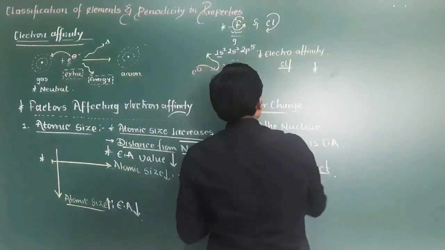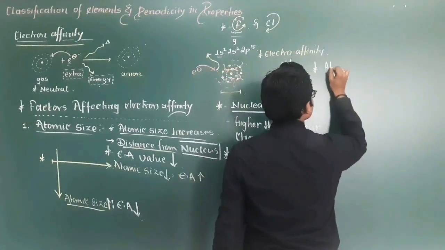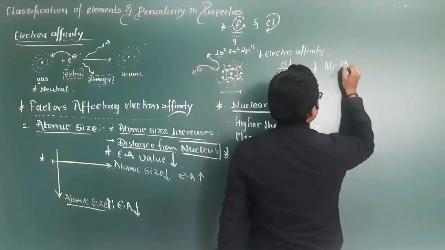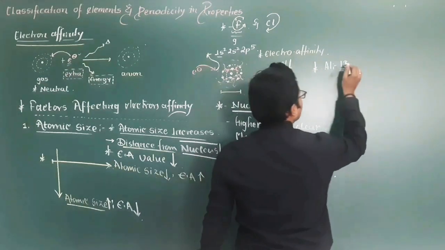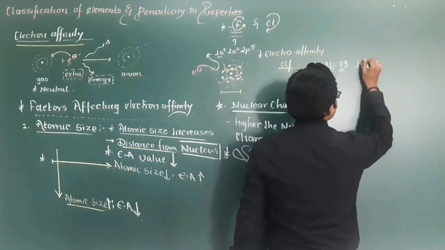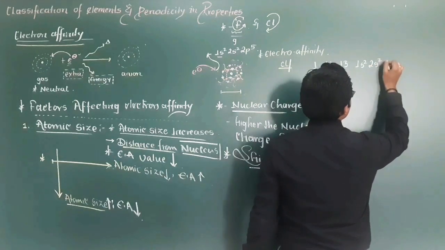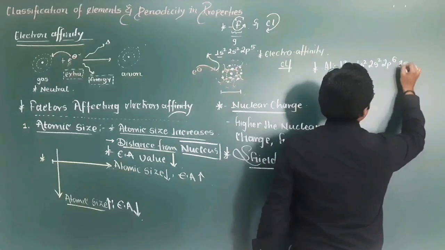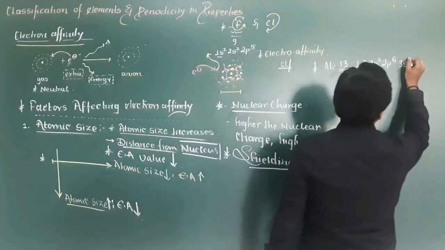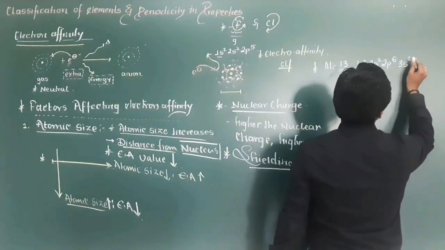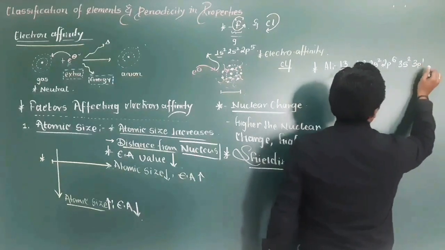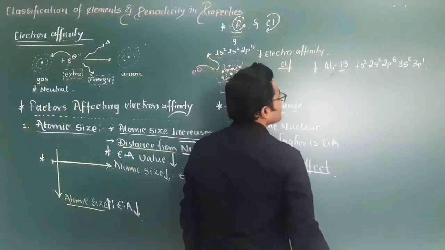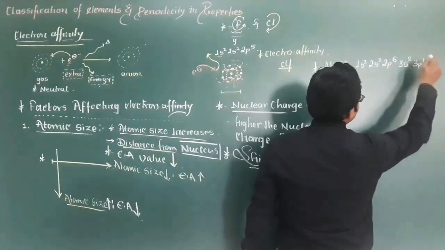Aluminium, Al, atomic number is 13. So the electron configuration becomes 1s2, 2s2, 2p6, 3s2, 3p1.